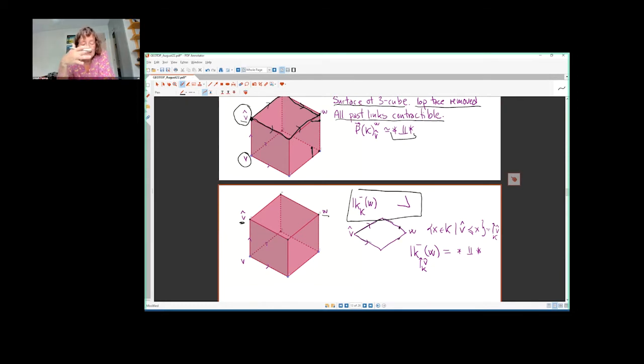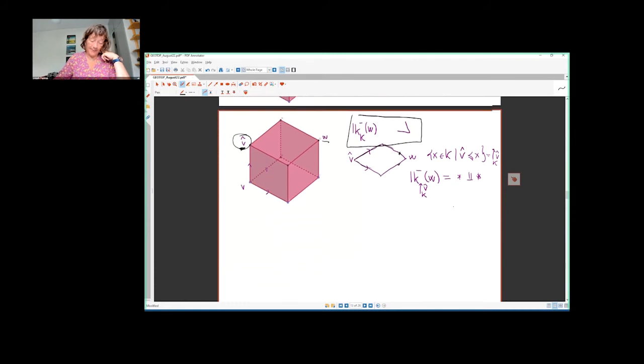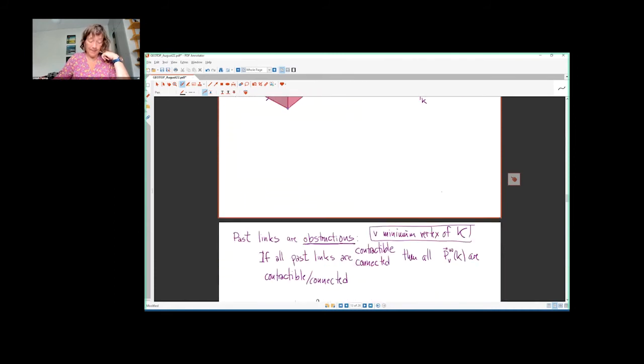So there is this connection between the space and what we mean by a past link. I could of course look at the past links with respect to some vertex, and that's another way of formulating it. But this is why I don't get it for all initial vertices. So that's not going to work.